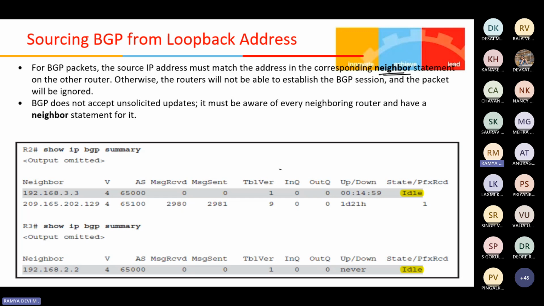If the source does not match, the packet will be ignored and the session will always be in the idle state. In order to fix this, we can configure the command neighbor loopback IP address update-source loopback 0. This will ensure BGP always uses the loopback interface as its source. This makes the session stable and also resilient.